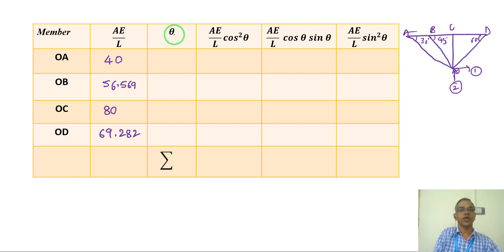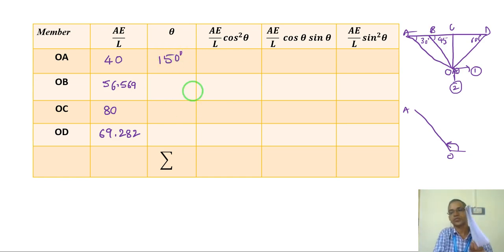The angle theta is measured from the near joint to the far joint. So O is my near joint, A is the far joint. This is O, this is A. Now the angle will be this: this is 90 and this will be 60, so this is 150. This is very important to understand. Near end to the far end, taken from the horizontal coordinate.